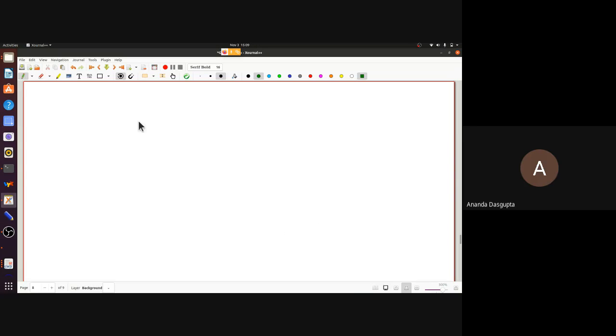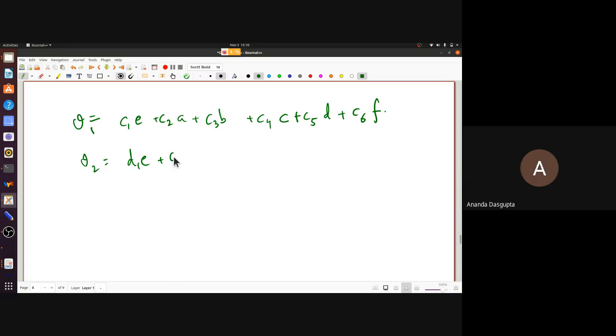So, in case it's a bit confusing, let me take a look at this. Let's say I take this one, C1 E plus C2 A, and so on, up to C5 D plus C6 F. This C is not to be confused with the coefficient here. Let's call this V1. And let's say V2 is essentially the same thing with D1 replacing C1, D2 replacing C2, and so on.